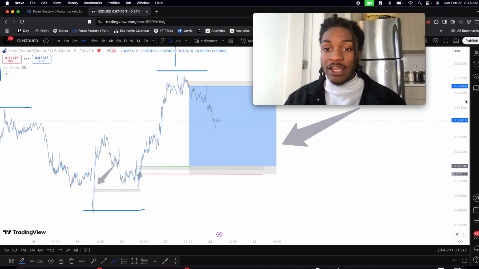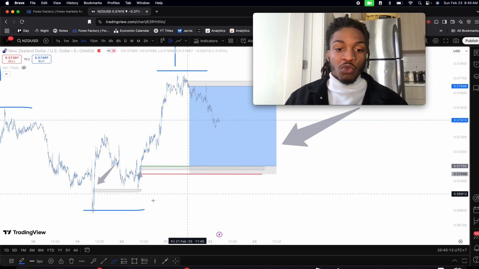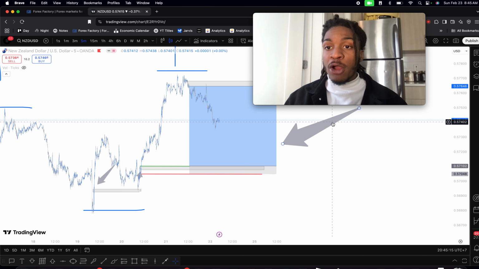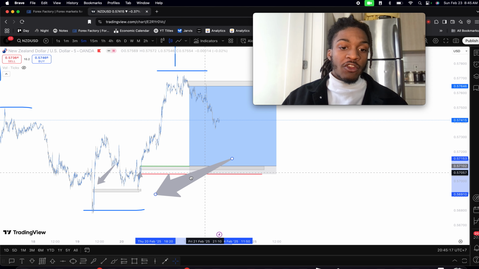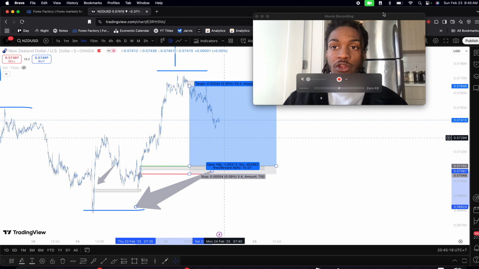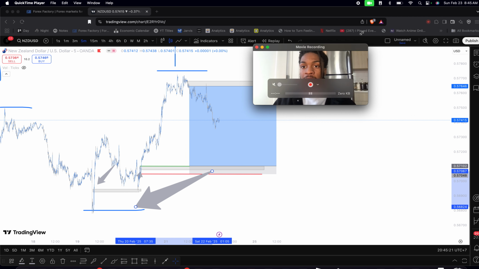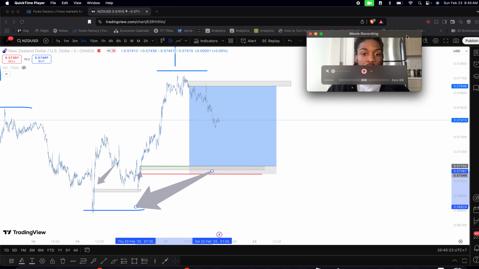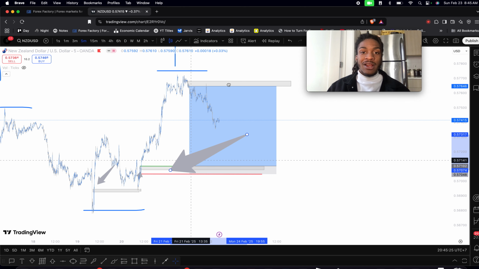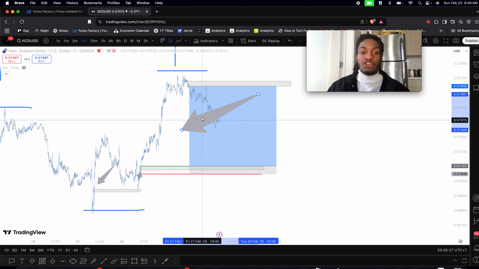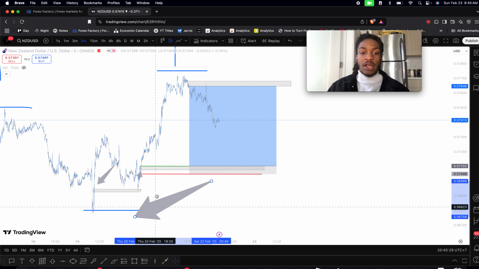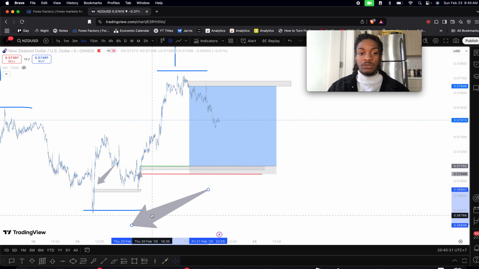What I mean by range is what I identify after I look at my market structure. So this blue line right here, this low, is my current low, and the top blue line is my current high. These two lines represent my range, right?